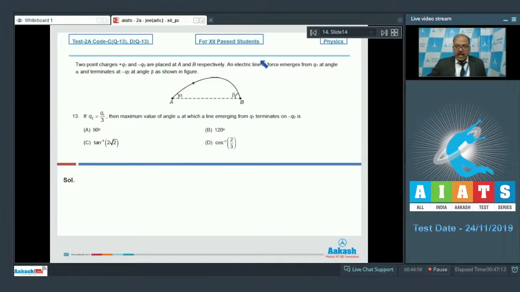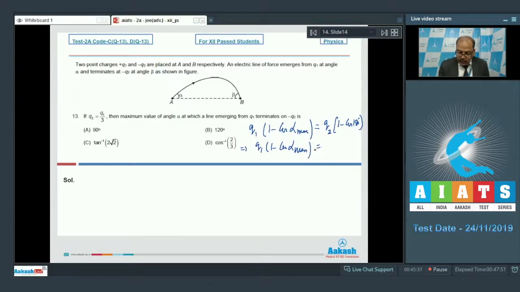So that being the case, our equation is now Q1 into 1 minus cos alpha max is equal to Q2 into 1 minus cos 180 degree, and which means Q1 into 1 minus cos alpha max is equal to Q2, which is Q1 by 3 into 2.